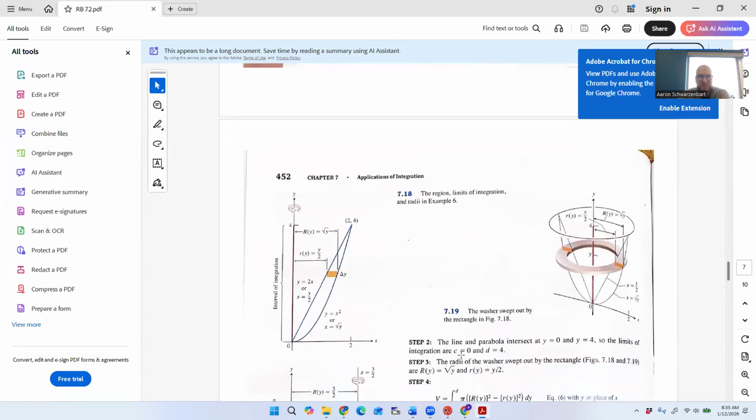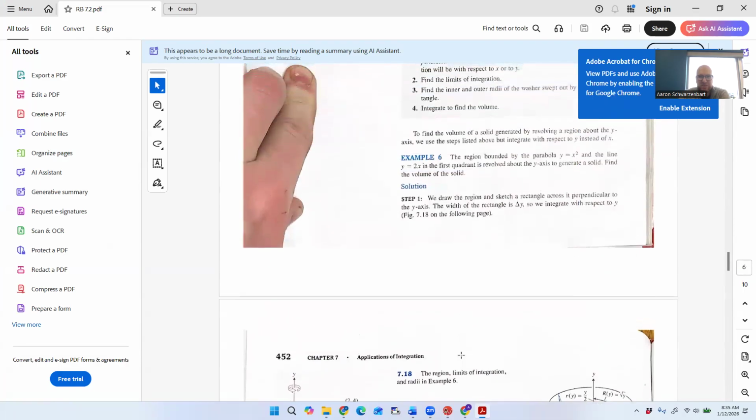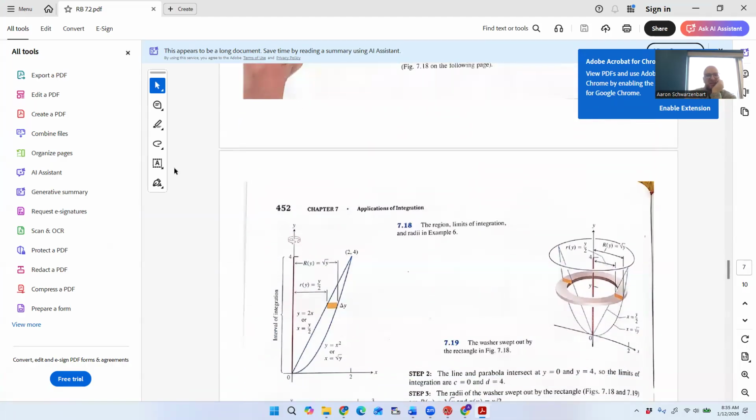So we have the region bounded by y equals x squared and y equals 2x, revolved around the y-axis. So we can see this region right here. We've got a nice point of intersection here at 0, 0, and one up here at 2, 4.